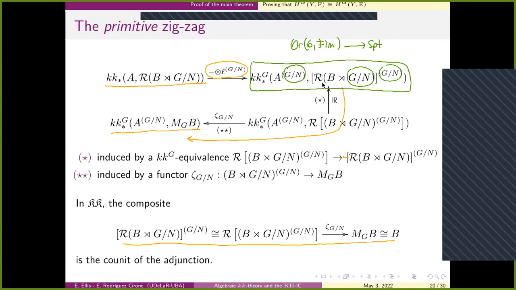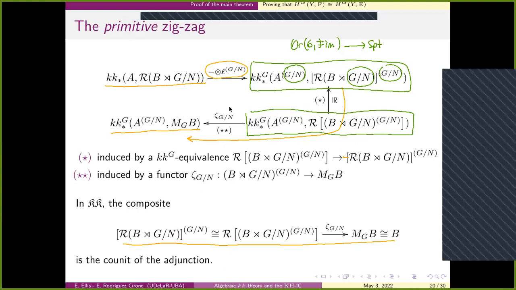So it is not clear how to consider this as an OR-G-fin spectrum. The same happens with this one here. So we want to replace this zigzag by a new zigzag of OR-G-fin spectra that induces the same morphism in the stable homotopy category as this primitive zigzag.